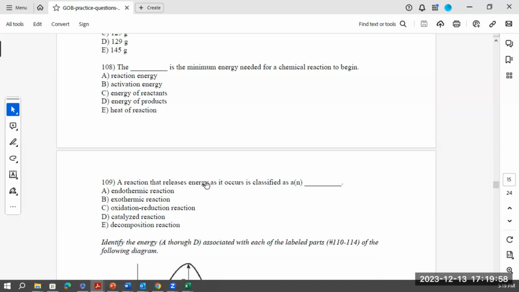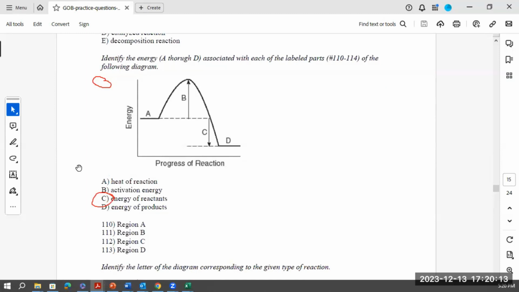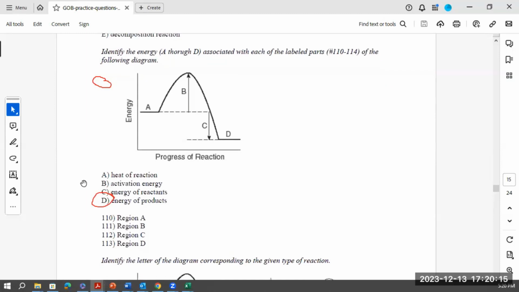Endo means that you're putting the energy in. So the correct answer is B. And then I told you up here, this is B. Okay, so B represents, since I already talked about it, what does B represent? So that would be our activation energy.